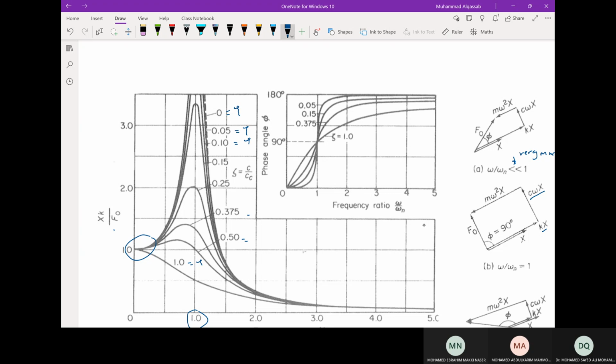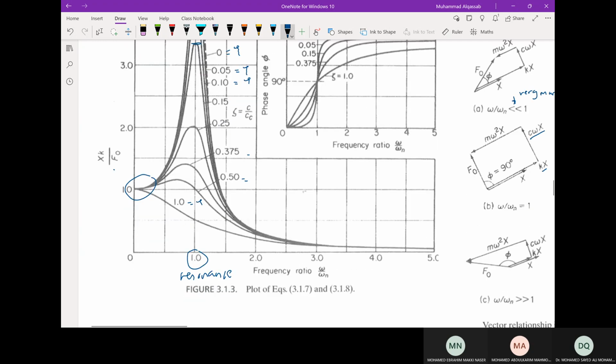When zeta is 0.05, this is still outside this range. Zeta equal to 0.1 is even outside. Zeta equal to 0.15, we still see the peak, which is very high. That is the amplitude ratio, not the amplitude. As you increase zeta, this peak or maximum drops. So it means that at resonance, the amplitude ratio is controlled by damping, not by the spring force. The effect of damping is very clear here at resonance.